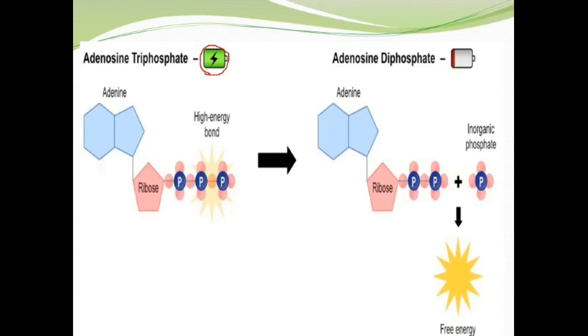And when it is reduced to adenosine diphosphate, due to losing 1 molecule of phosphate, it is converted to diphosphate, and there is a release of free energy in the picture as well, in the form of 7.3 kilocalories per mole. And this shows that the energy is now decreasing.